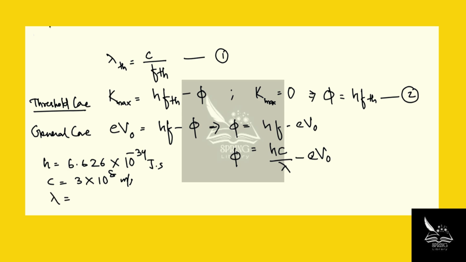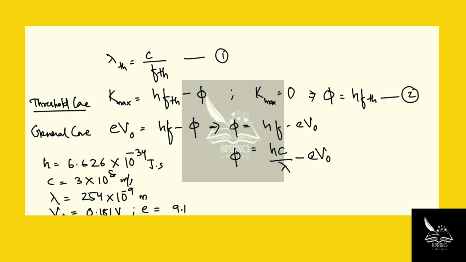Lambda is given to be 254 nanometers, so 254 times 10 to the power minus 9 meters. And V naught is the stopping potential, and that's given to be 0.181 volts. And one last thing, the charge of the electron.